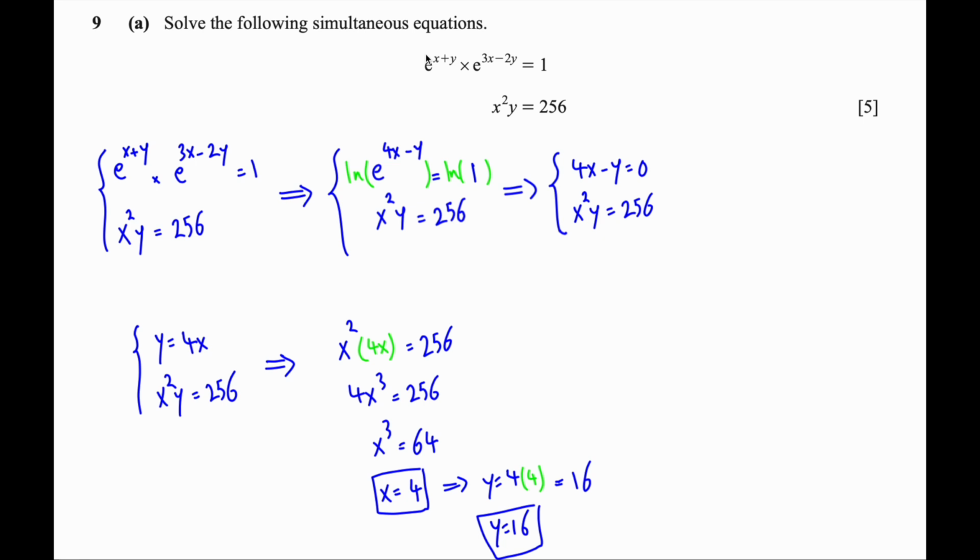I'm given this simultaneous equation, which is defined in terms of x and y, and I have to find the value of x and y. Obviously, elimination is not an option here, therefore I have to go with substitution. However, before I do that, I have a tiny problem here because x and y are in the power. I have to bring it down.